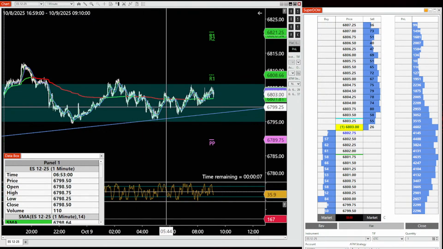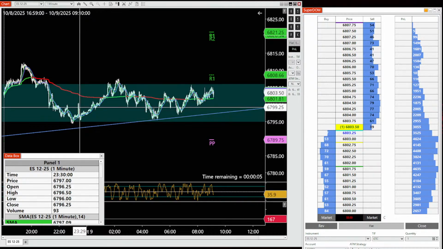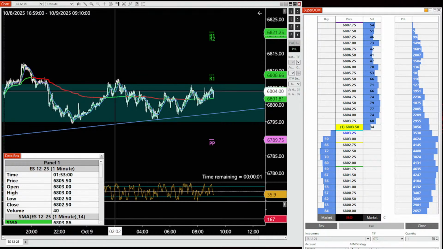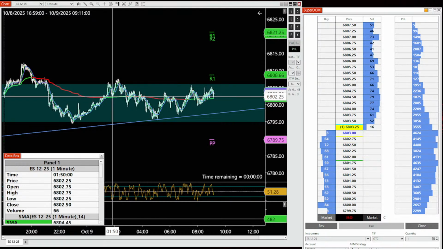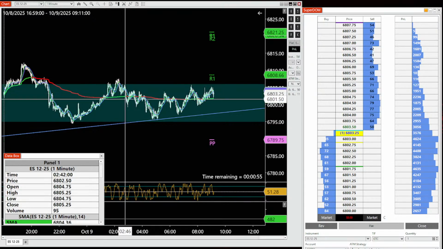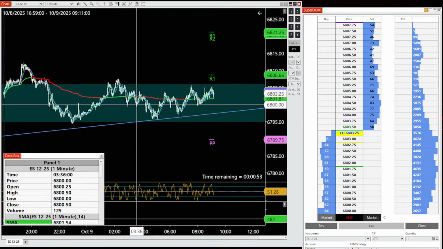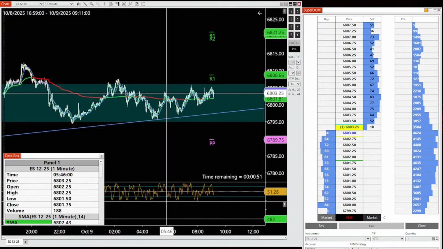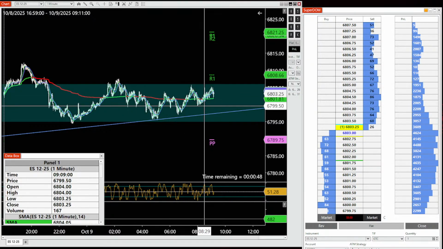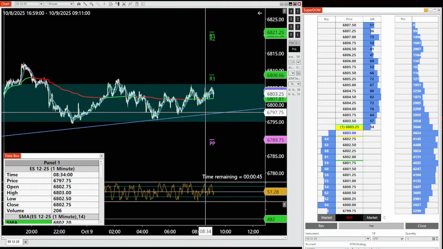No direction. So from the bottom, we even had a pop here. Grind it up. It didn't test VWAP, but held above VWAP. Above, below, above, below, above. Just grinding VWAP here.